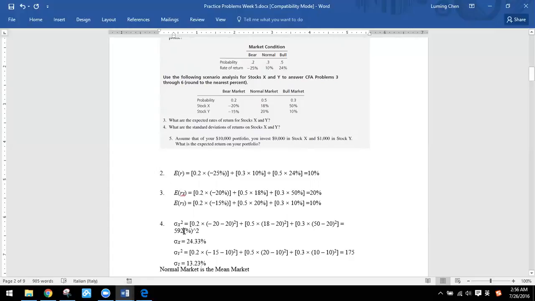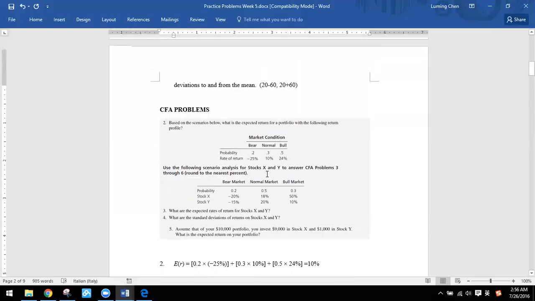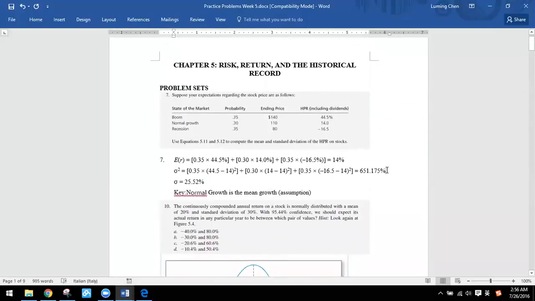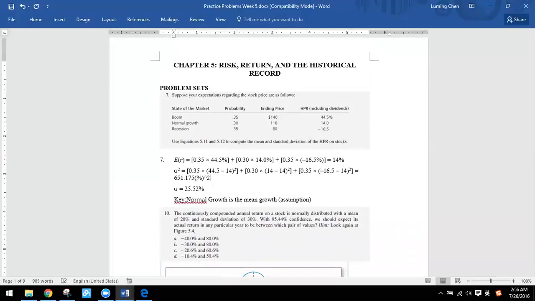So it's actually 1 over 10,000. This is also one over 10,000, and if we take the square root, we will get only 1%.